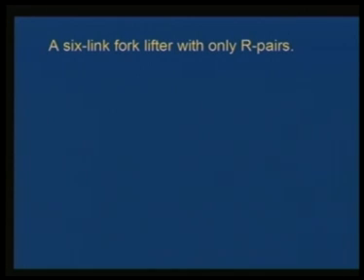Today we will start our discussion with the design of a 6-link forklifter with only revolute pairs. As you know, these forklifters are used in industries to shift articles from one place on the shop floor to another place, but such forklifters normally have two vertical guides or two prismatic pairs.